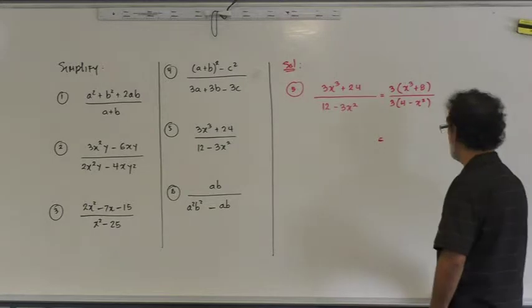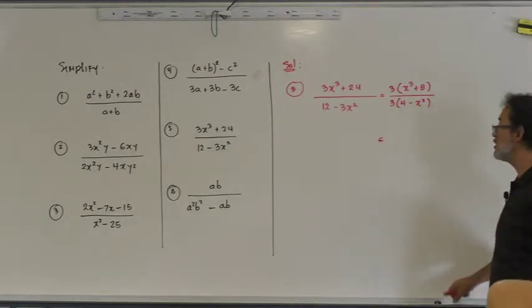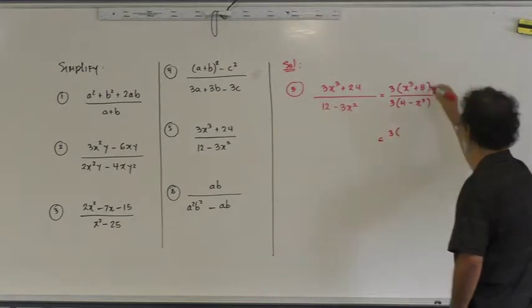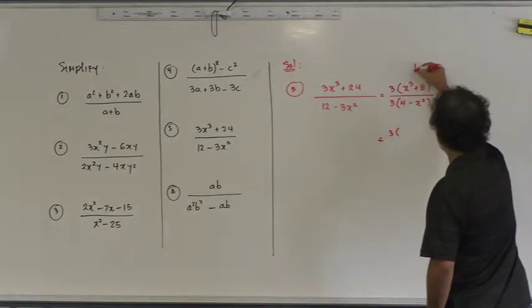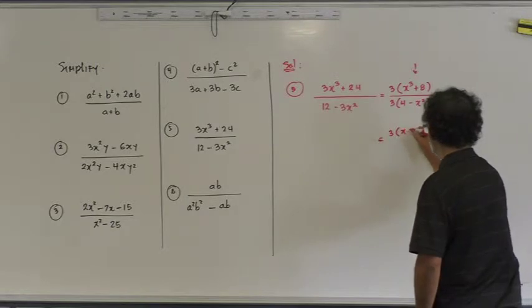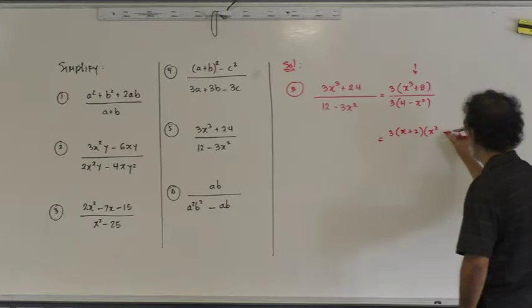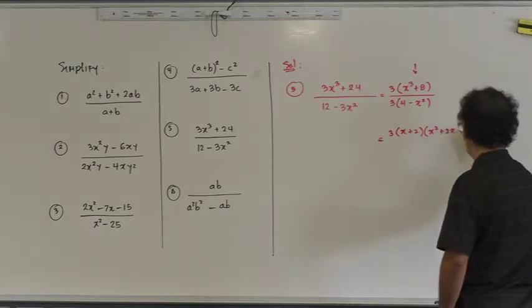Okay, and we know that that is the sum of 2 cubes. So that means that in the top line we can write 3, and then we got to remember the formula. So for this one, we have x plus 2, and then bracket x squared plus 2x plus 4.